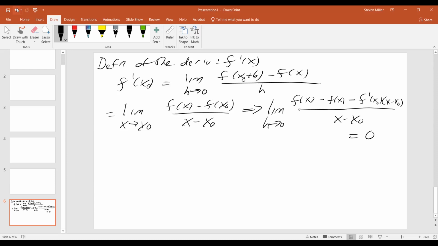What I've done is take f prime of x naught equals this and move f prime over. Since that has no x dependence, I can bring it inside the limit, and I've just multiplied by 1, x minus x naught over x minus x naught. When you take the limit, x is never x naught, so this is allowed.